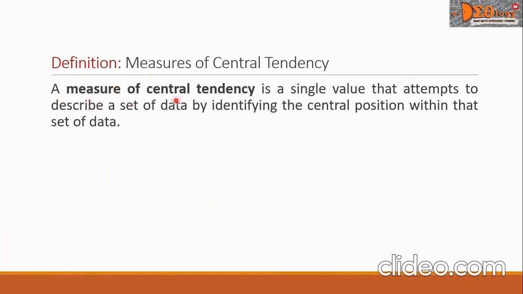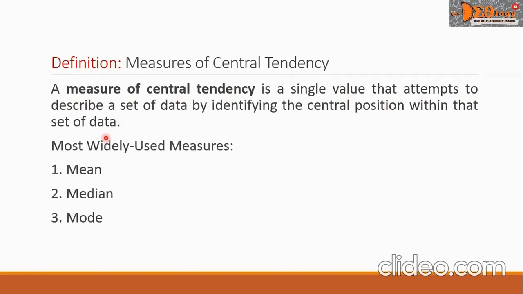A measure of central tendency is a single value that attempts to describe a set of data by identifying the central position within that set of data. There are three most widely used measures. The first is the mean, next is the median, third is the mode.